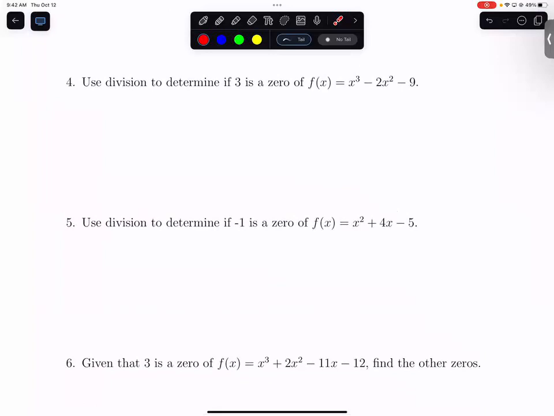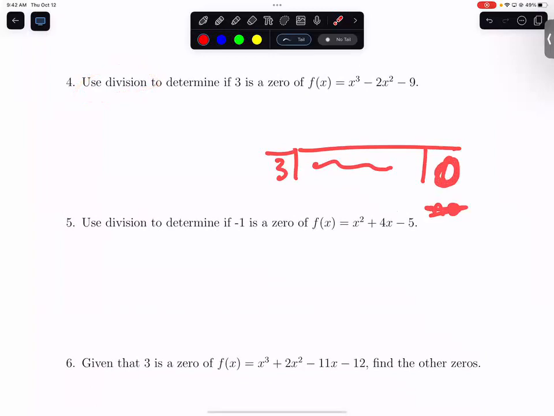And if I get something other than 0, then no, it's not. To use division to do it, it's all going to come down to the remainder. If I do synthetic and get remainder 1, then no. If I do synthetic and get remainder 0, then yes, it is. Or similar for long division.